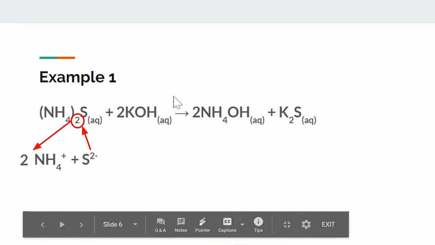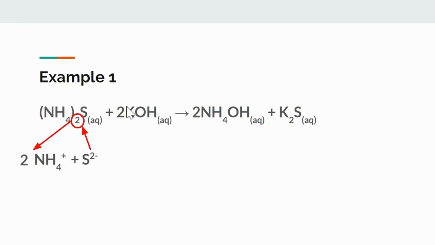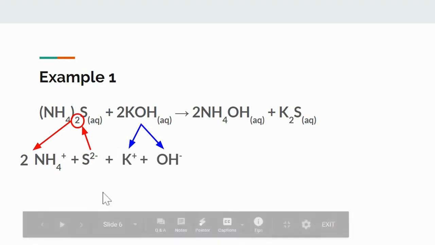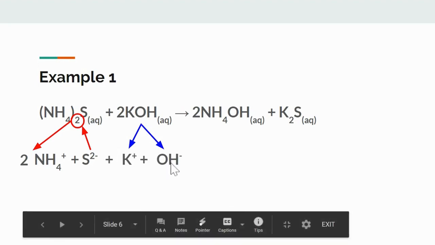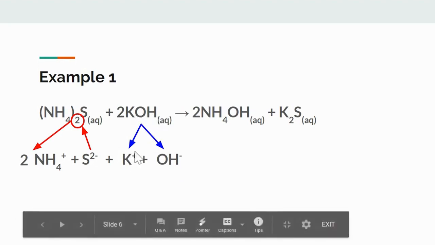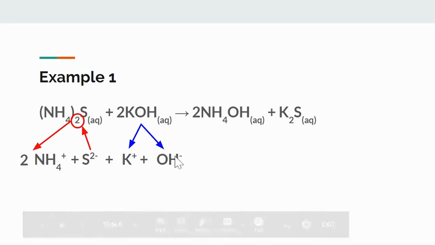So now let's look at this potassium hydroxide. If you remember, potassium is in group 1, so it's a +1 charge, and hydroxide is a -1 charge. And so when that breaks apart into its ions, we get a K+ and a hydroxide. We didn't have to put any subscripts down here because they're both +1 and -1 respectively.